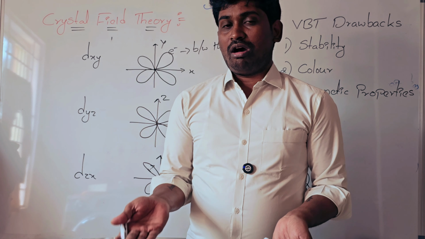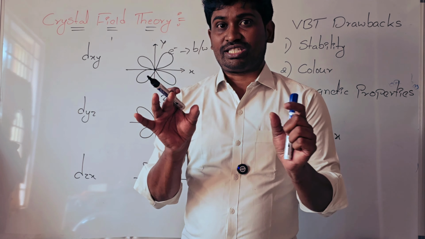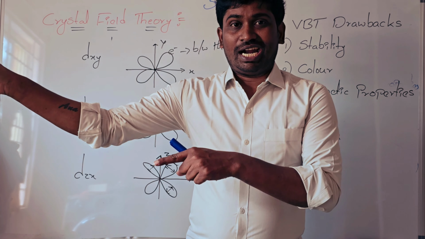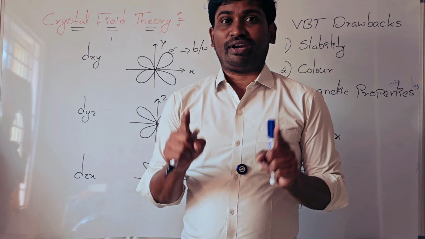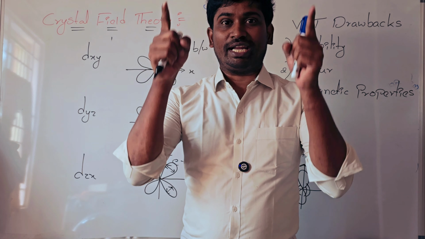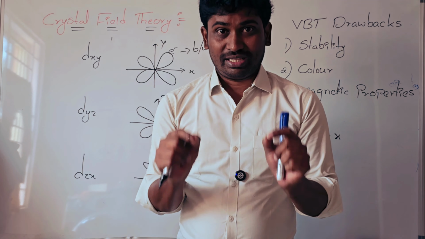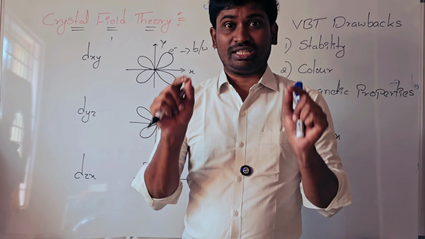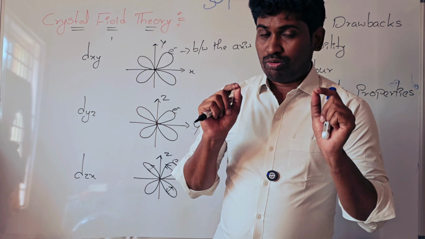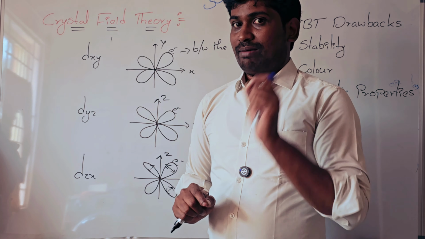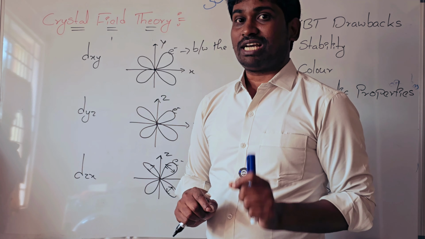Degenerate means all the 5 d orbitals have the same energy before the ligand approaches. When the ligand approaches the metal, the 5 d orbitals split into two energy levels. Then complex formation takes place. That is the main idea of the crystal field theory. Now look at the crystal field theory in octahedral complexes as well as tetrahedral complexes.